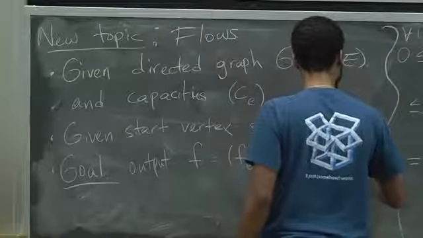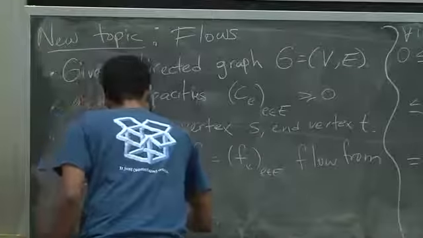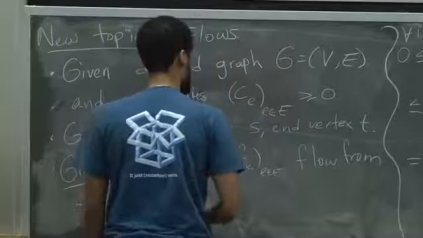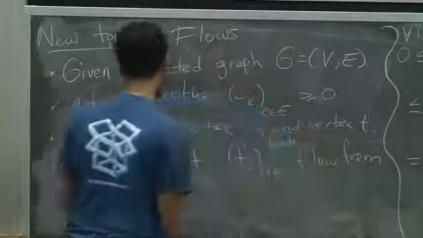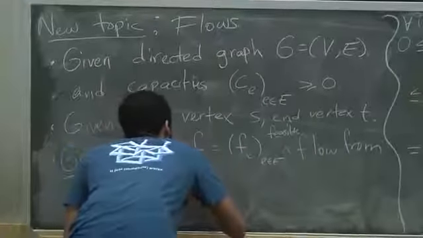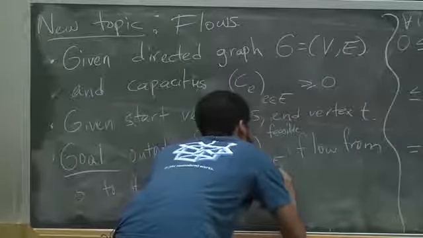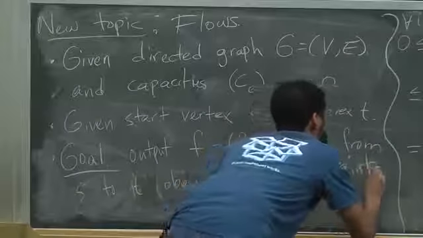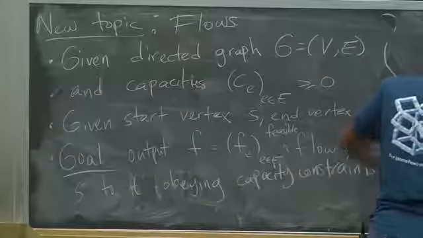I'm going to define what this means. A feasible flow from S to T obeying the capacity constraints. So let me start defining some of these terms and also drawing pictures.